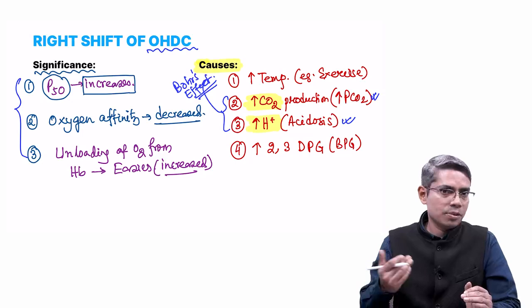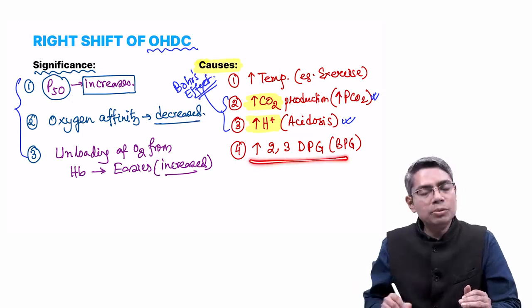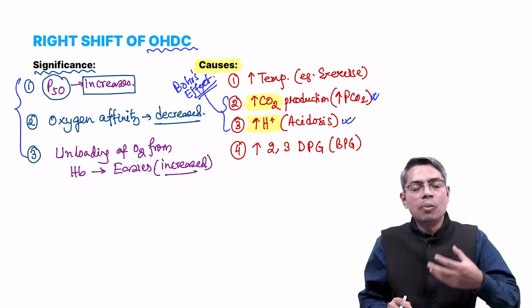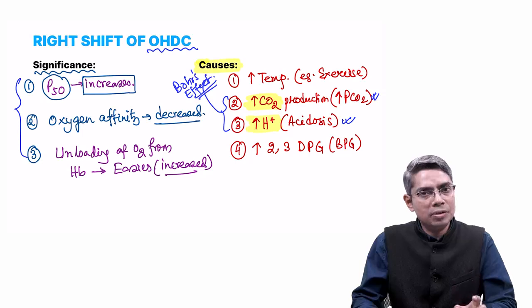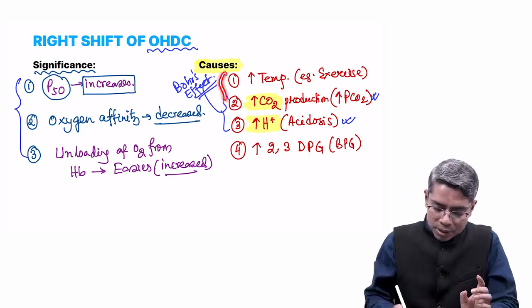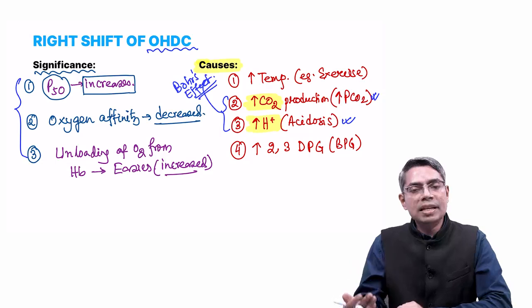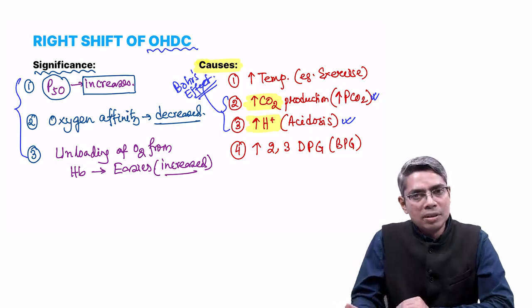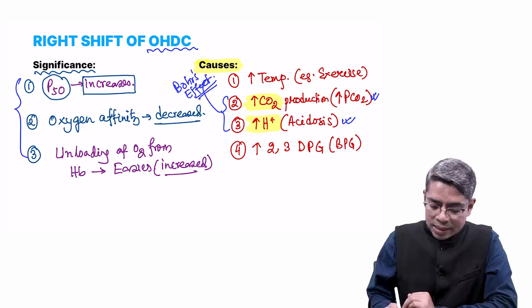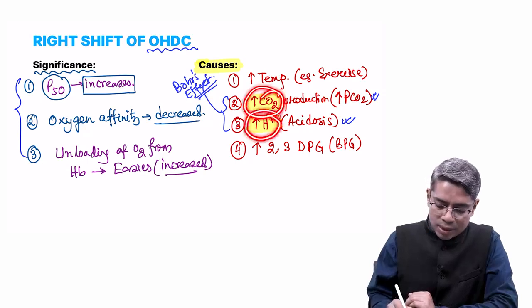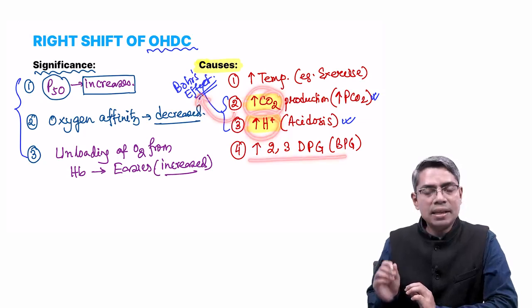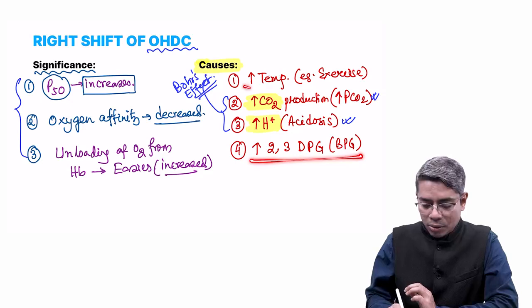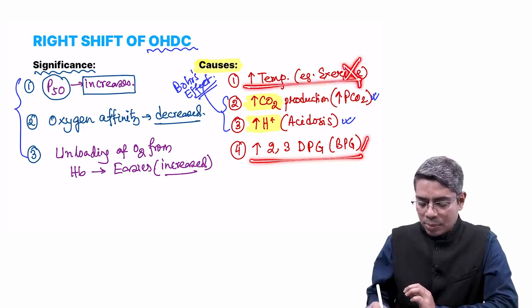If the content of 2,3 DPG inside the RBC is high, the higher the content, the more will be the right shifting of the oxygen hemoglobin dissociation curve. So there are 4 causes I have written here which will cause right shifting of the oxygen hemoglobin dissociation curve. If the curve is shifting to the right only due to carbon dioxide and H plus ion, that is known as the Bohr effect. But if the curve is shifting to the right due to 2,3 DPG production or increased temperature, that is not the Bohr effect.